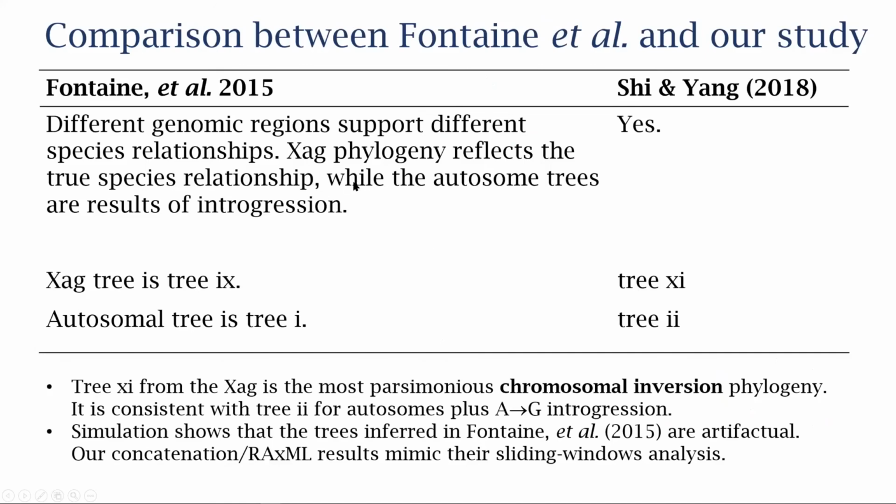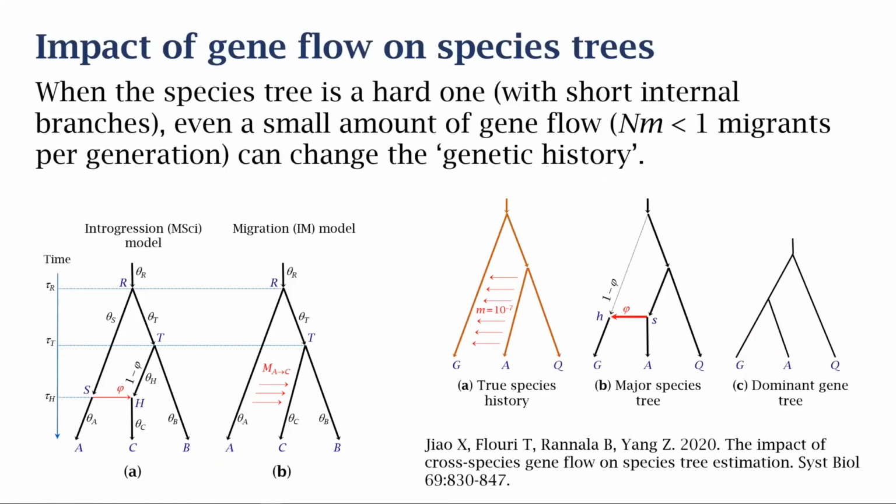So I guess we agree with some of the conclusions they drew, but disagreed on the details. We argue that their trees were wrong in the right way, in the way that we expect, because they use sliding windows. That's like a concatenation, which is meant to give you wrong trees in particular ways.